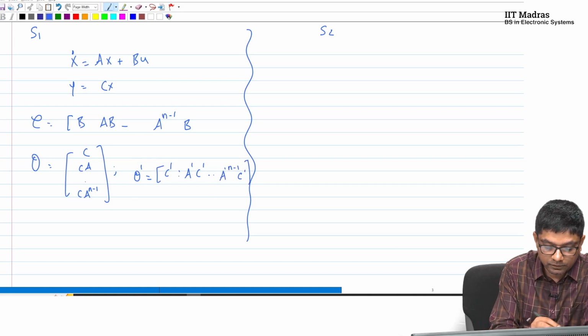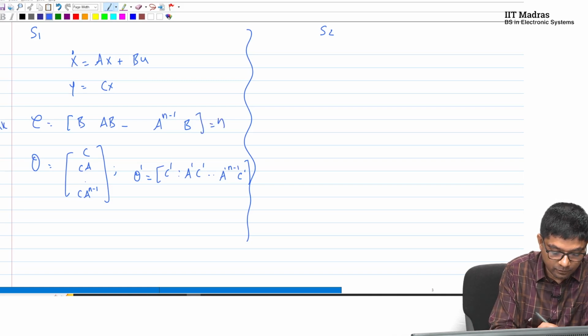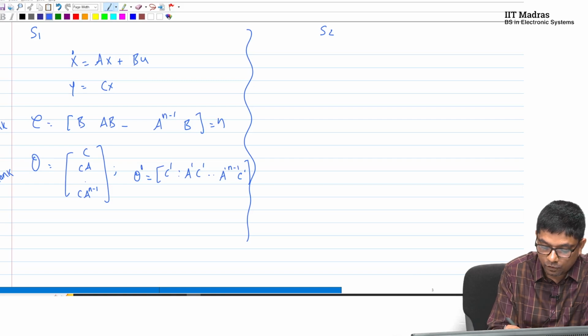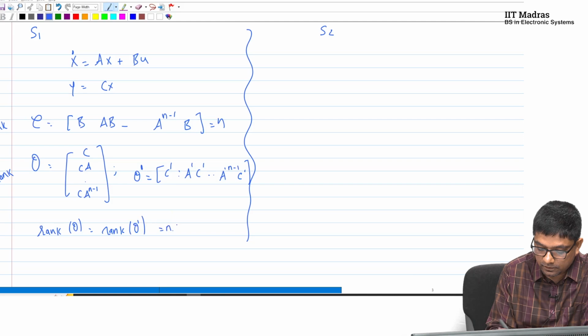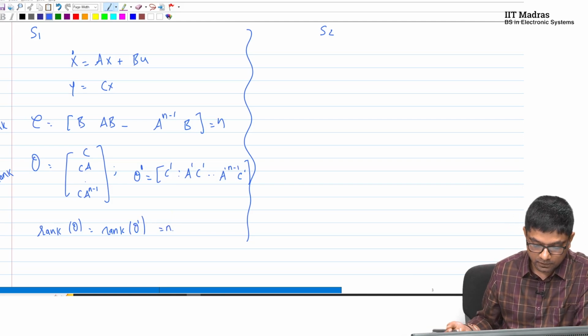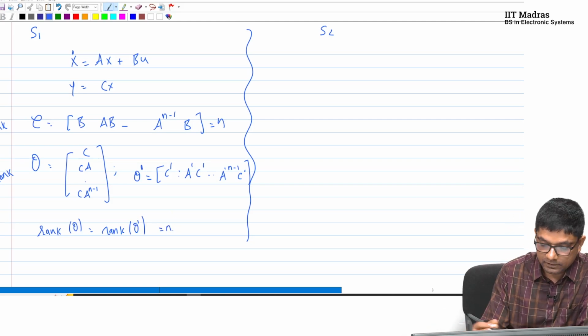So, system being controllable would mean the rank of the controllability matrix is n, and system being observable would mean the rank of this O or O prime is n. The rank of a matrix is equal to the rank of its transpose, right. So, this will be the observability condition.